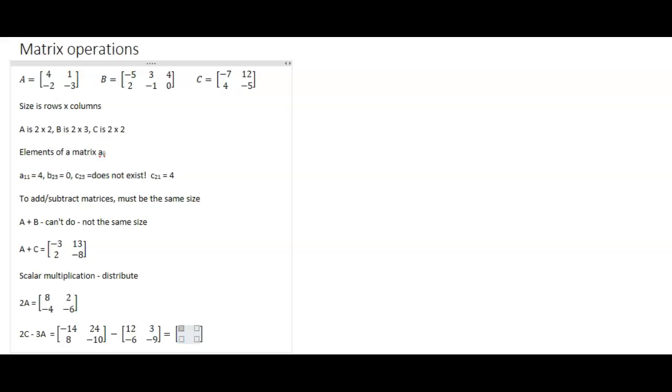Here we go. I have negative 14 minus 12. 24 minus 3. 8 minus negative 6. There's a sign thing that I was talking about. 8 minus negative 6 is 8 plus 6. Negative 10 minus negative 9. And there's our results.